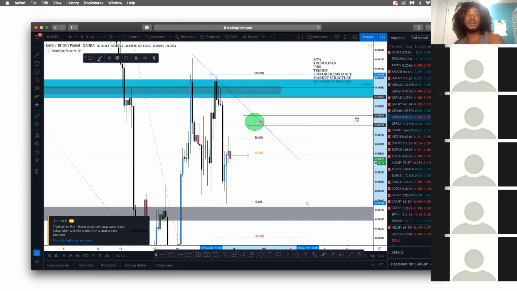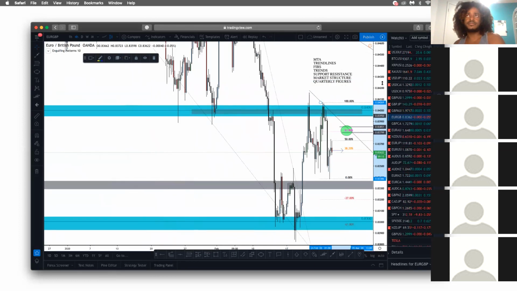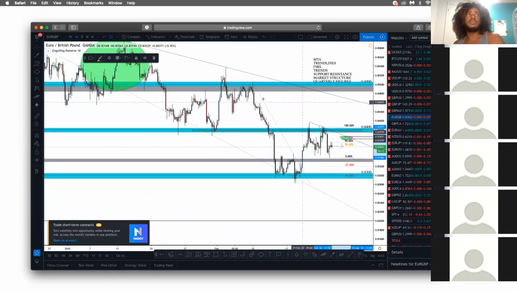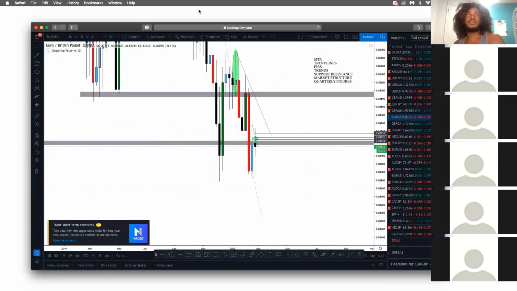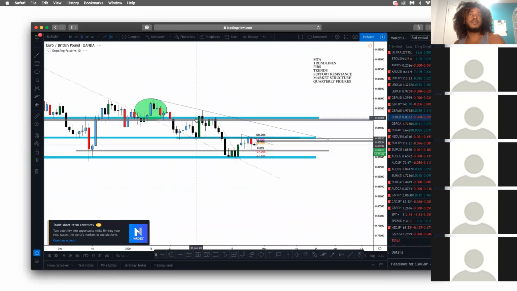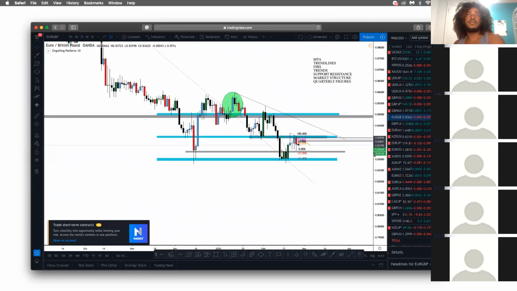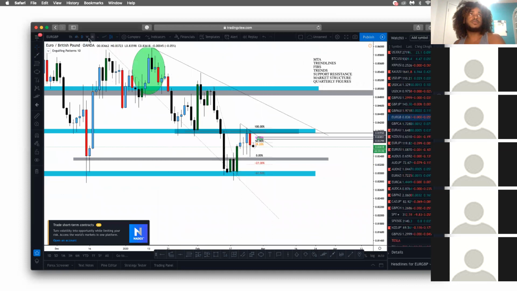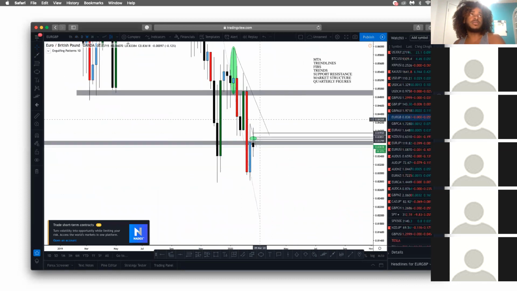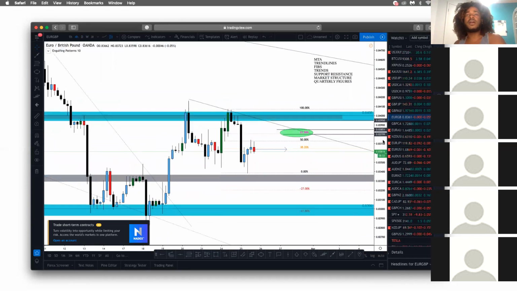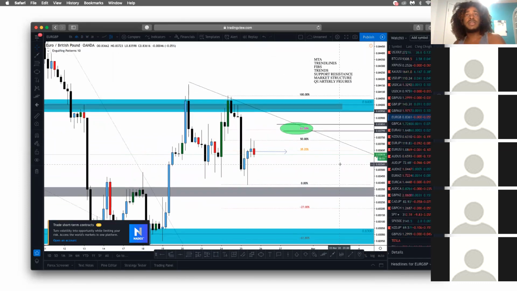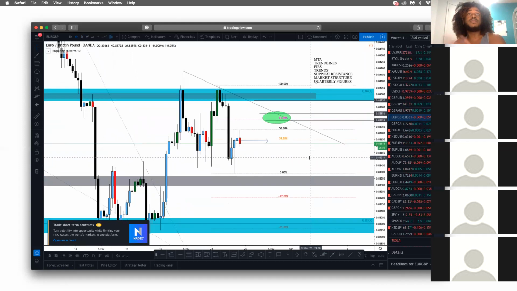Let me double check. Okay, we know the daily is also in a downtrend, right? It's only the weekly trend line that was broken. So we have a couple time frames aligned: monthly, daily, 4 hour, probably hour, right?